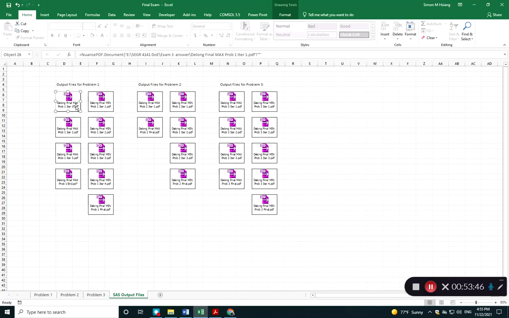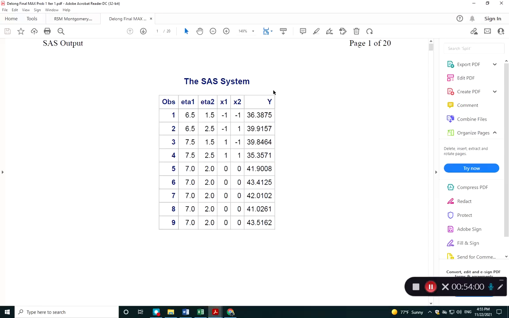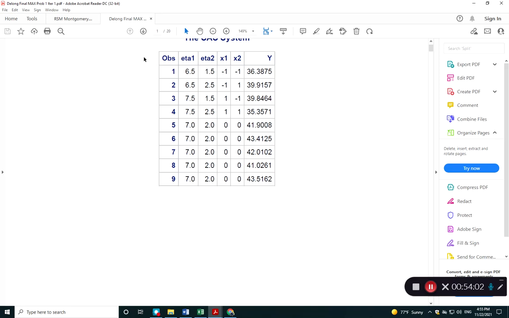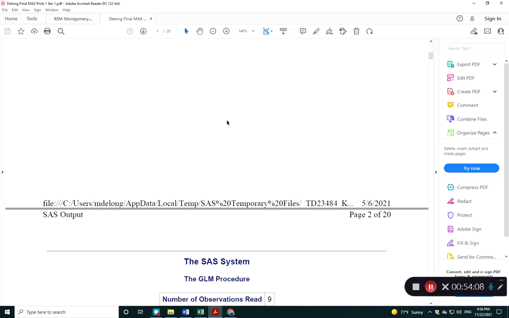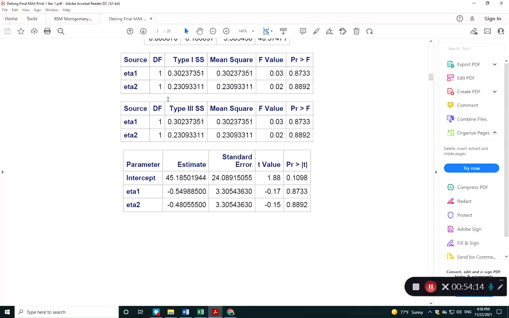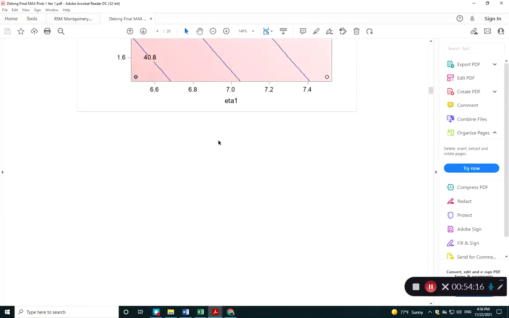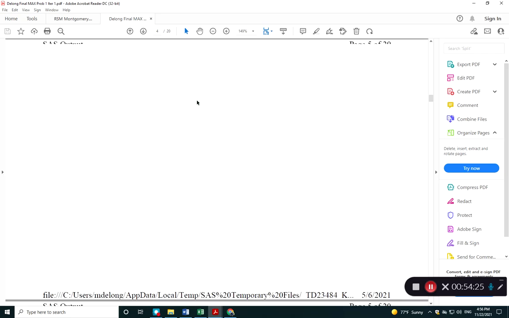But show me the SAS steps: what is my eta, what's my x for your initial and progression point. And then find your parameter. And you should have the plot to show that you're going up or going down.